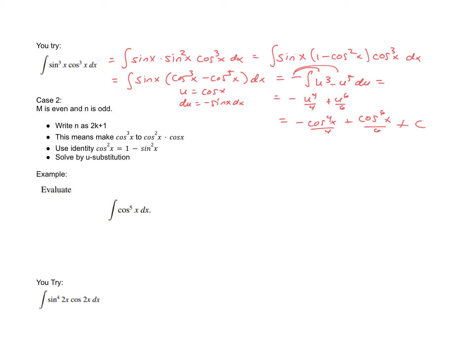So let's just see this example right here. We have a cosine to the 5th. I'm going to change that into a cosine squared, cosine, cosine. That's so that I can take every cosine squared and change it into 1 minus sine squared.